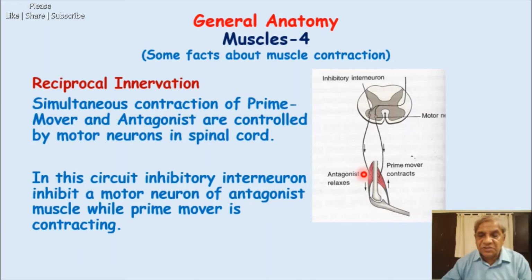When the triceps is contracting, the biceps will relax. Okay, biceps will relax, right? So I hope you have understood why these two different movements take place, with one contraction, another relaxation, with the same speed, and it is controlled by the nervous system.